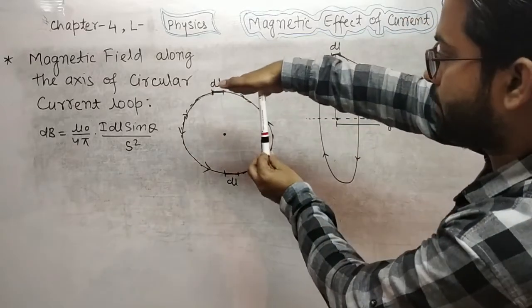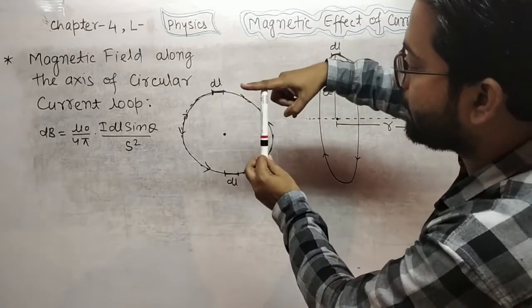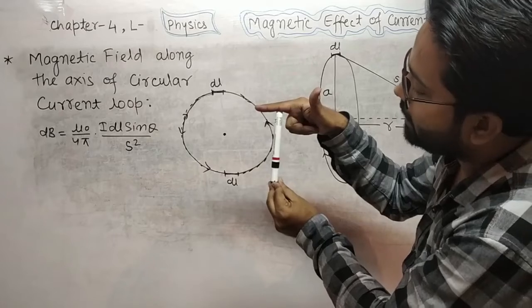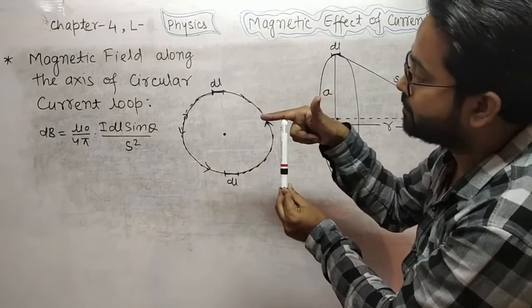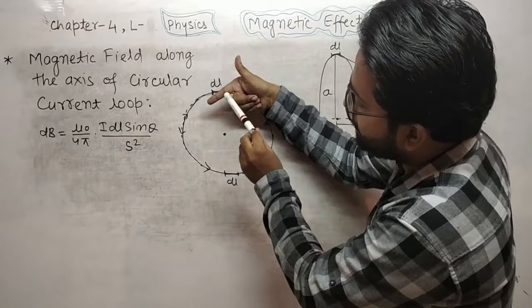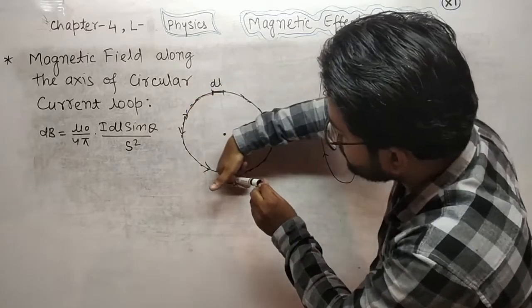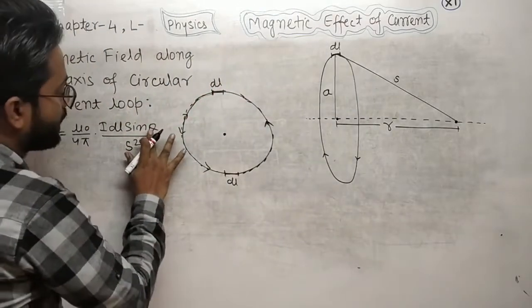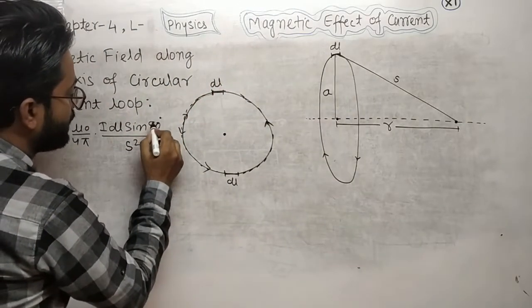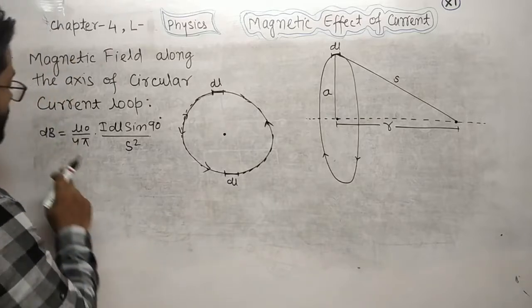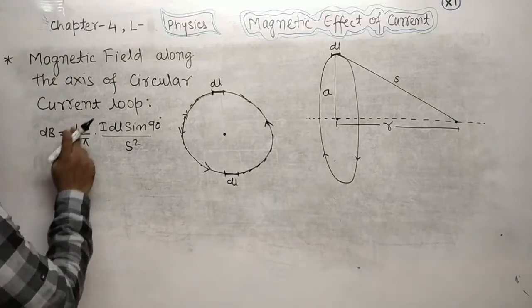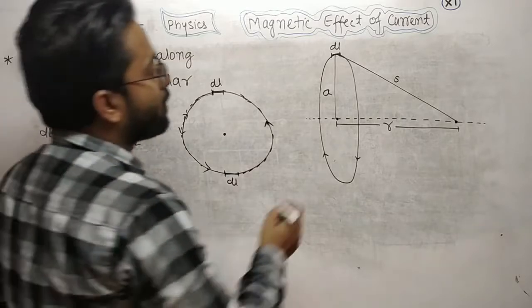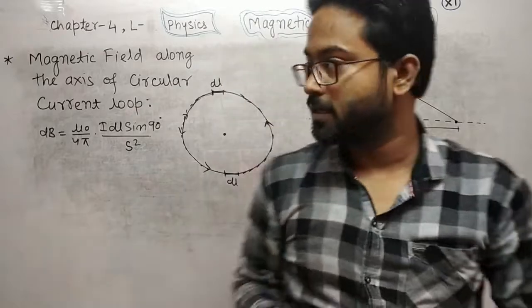If you see the angle between dl and r, you will see that the angle between dl and r is 90 degrees. Whichever element you take, it always makes 90 degrees. That means in place of theta we can write 90 degrees, so the formula becomes B is equal to mu naught by 4 pi, I dl sin 90 upon s square.